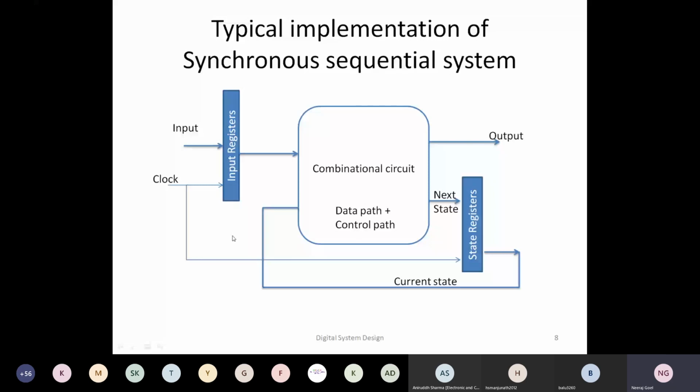Having the state registered with a clock input is very much required. So all these states are stored in some sort of registers, and they're all driven by clock. That means they're all synchronous to the clock, so they will change value whenever your clock changes.